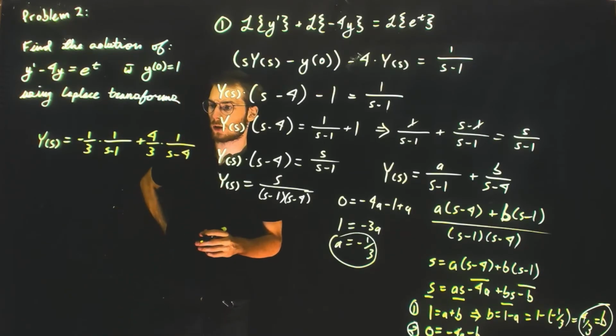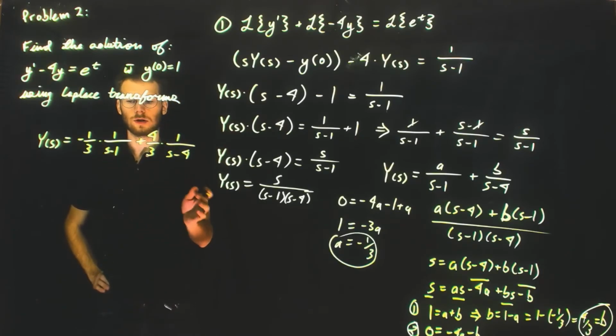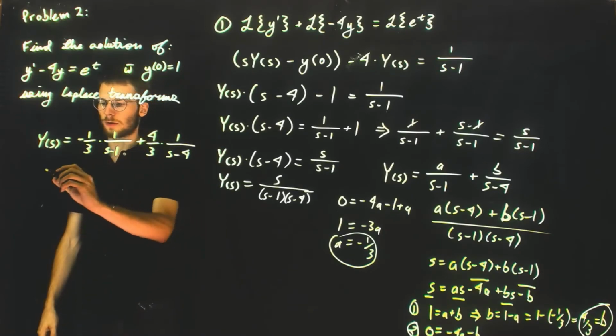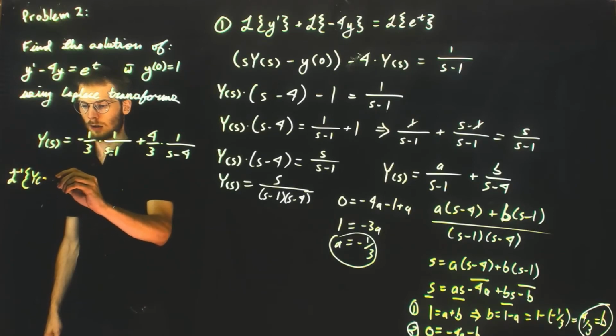And then what we can do is take the inverse Laplace of all terms in order to bring ourselves back into the time domain and find our solution. And just for notation, I'm going to include all the Laplace symbols.